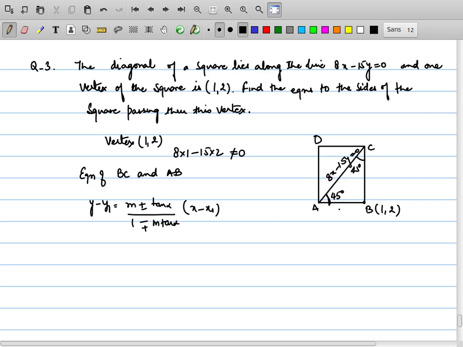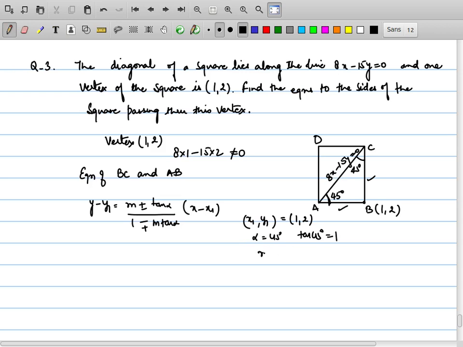One of the equations will be the equation of AB, the other of BC, because both these lines make an angle of 45 degrees with 8x minus 15y equals 0, and both pass through (1, 2). So what is x1, y1? Our line is passing through (1, 2). What is the angle between the two lines? 45 degrees. Therefore, tan 45 is 1.